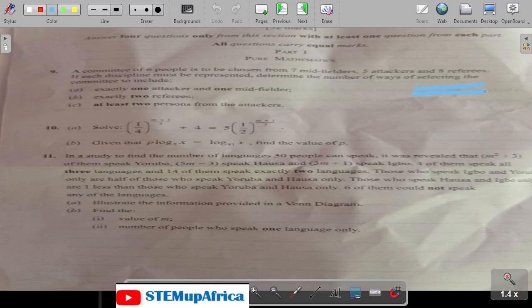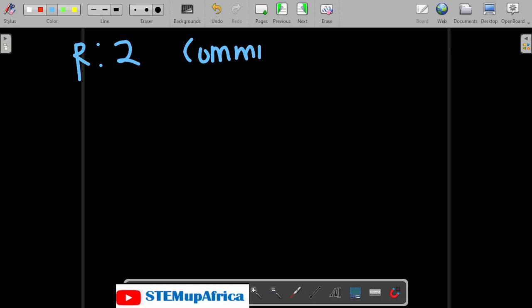The number of referees we need now is exactly 2. So don't forget, we need a committee of 6. So if we take exactly 2 referees, the remaining 4 will be distributed among midfielder and attacker.